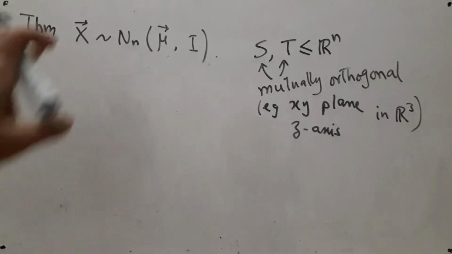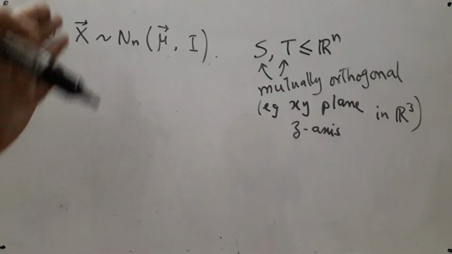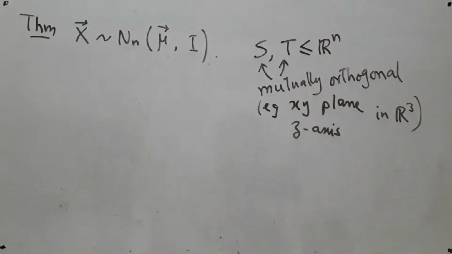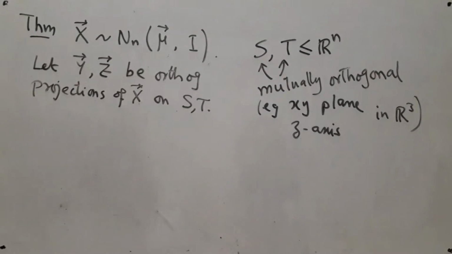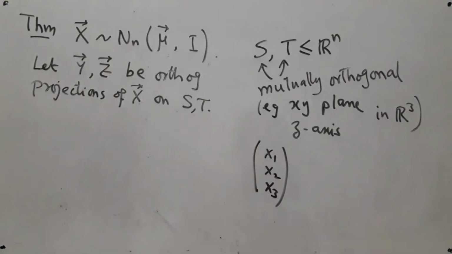Now what I do is this: x is a random vector in Rn. So I can project it orthogonally on S. I can also project it orthogonally on T. Let y and z be the orthogonal projections of x on S and T. Just as an example, if you are working in R3 and this is your x1, x2, x3 and S is your xy plane, then the projection of that onto the xy plane will be x1, x2, 0.